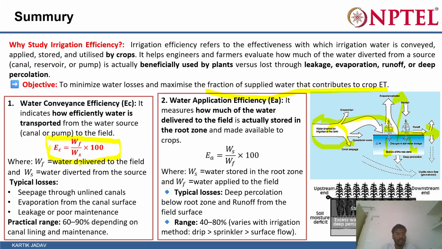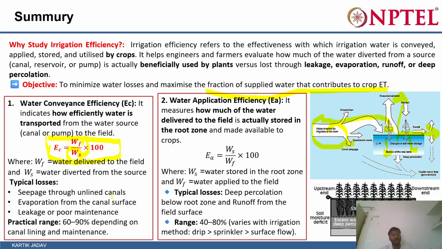And in this case, whatever water we have diverted from the source, like a canal or any tube well or pump, all this water is not available at the field. So where is it going? There are always certain losses through seepage if your canal is unlined.